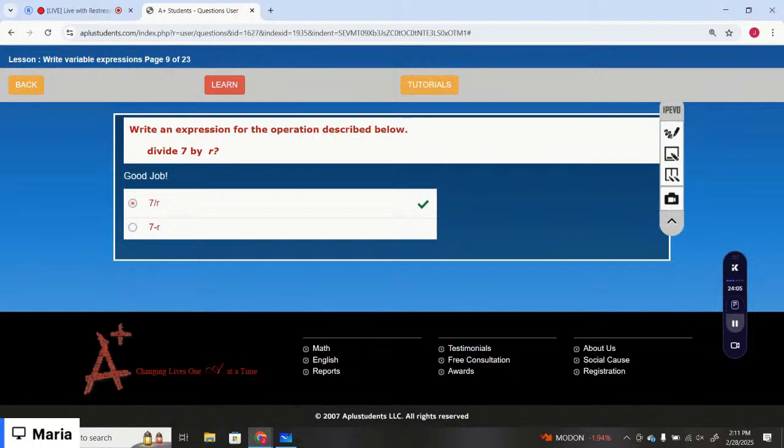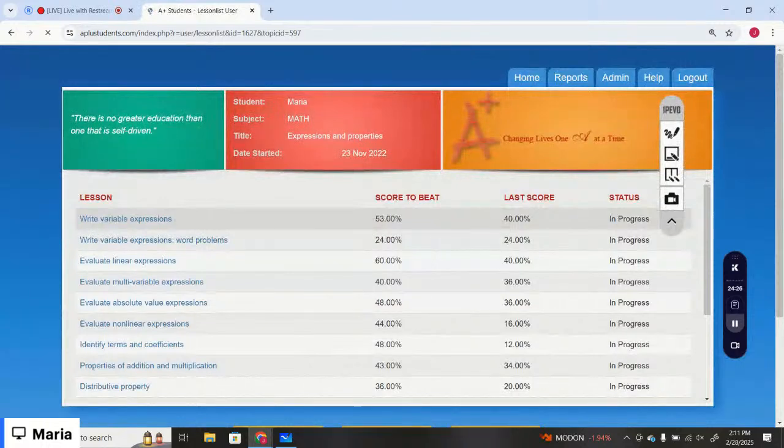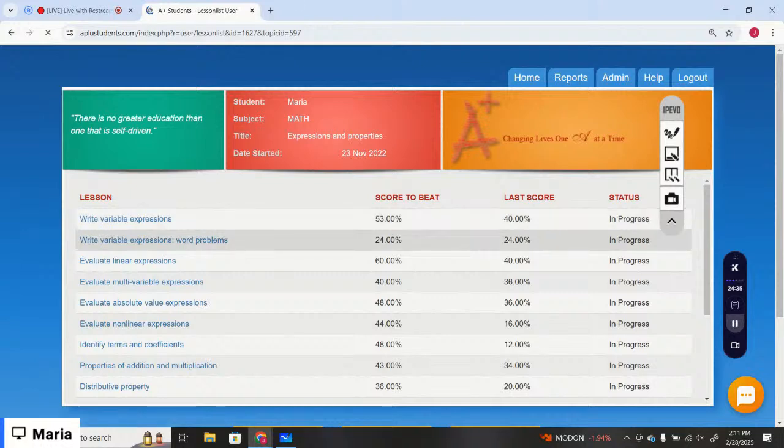Okay, you can complete the lesson by yourself later today. Let me just move on to the next lesson. Let's just start with the next lesson, that is write variable expressions word problems.